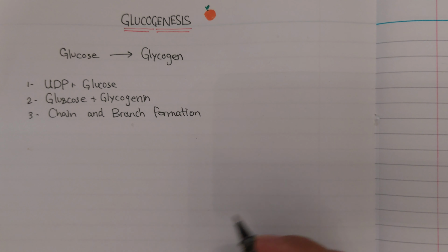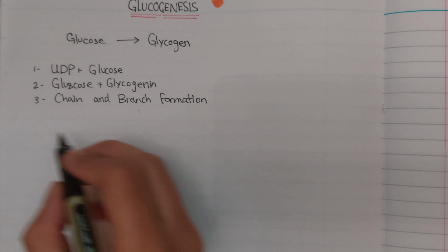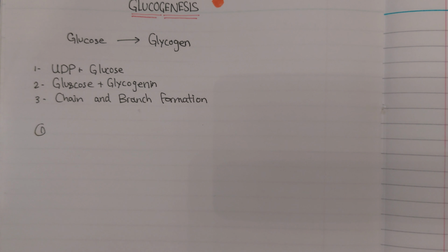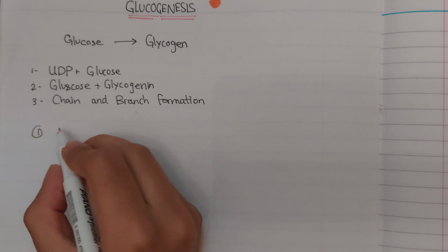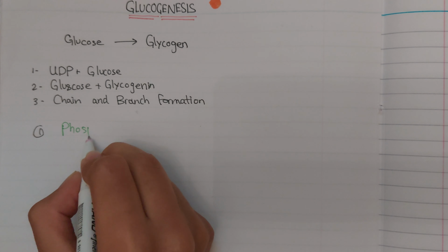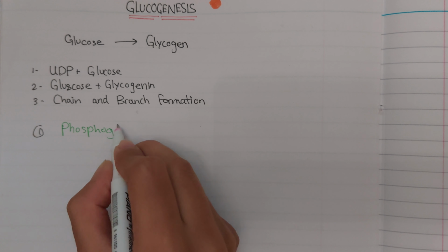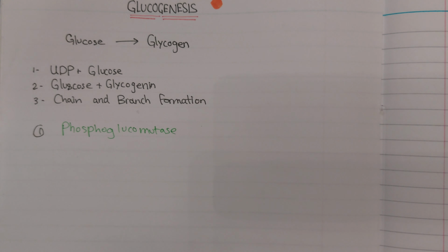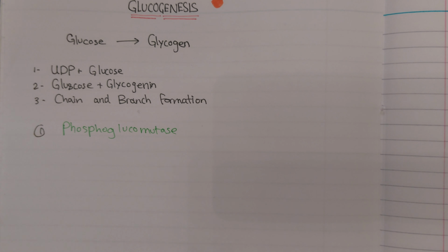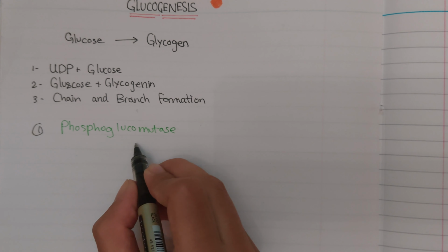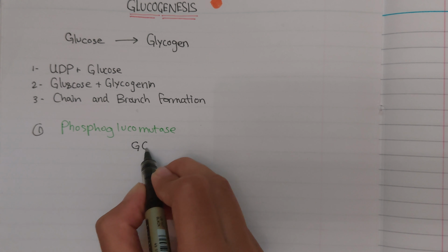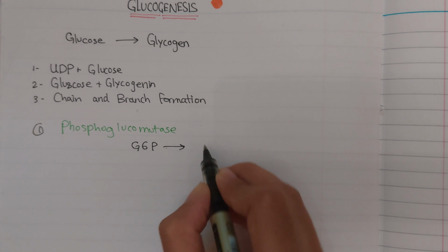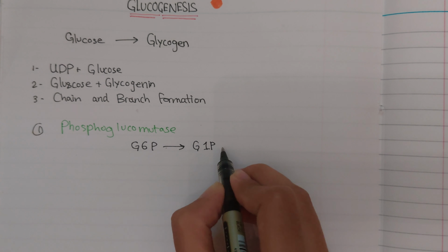So, the first step, as we talked about, is done with the help of an enzyme called phosphoglucomutase. What this essentially does is that it converts glucose 6 phosphate into glucose 1 phosphate.